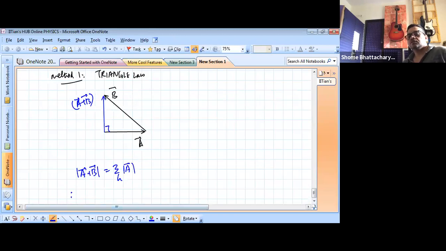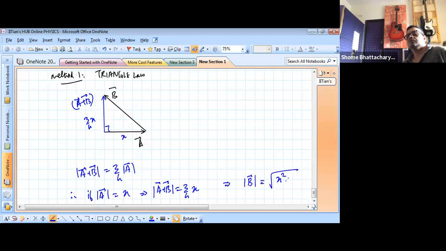So that means if the magnitude of A is suppose x, then the magnitude of A plus B is 3/4x. Okay. So in this triangle, if this is x, this is 3/4x. Then what about the magnitude of B? By Pythagoras theorem, the magnitude of B will become the square root of x square plus 3/4x whole square. So it will become 5/4x.